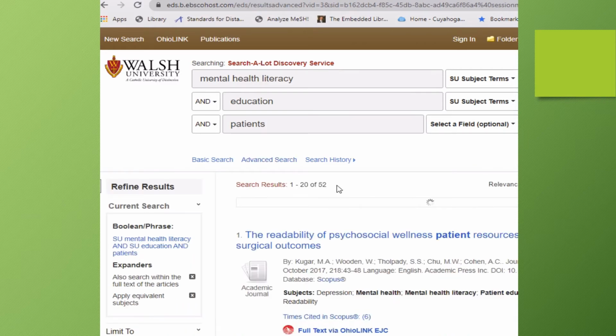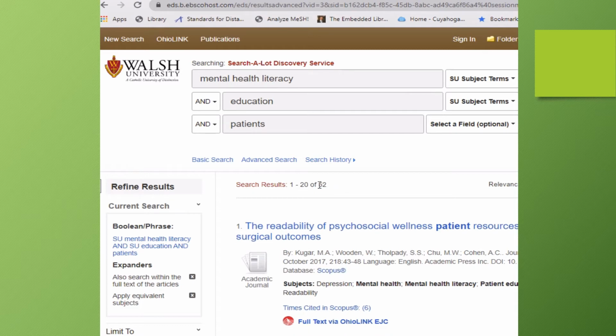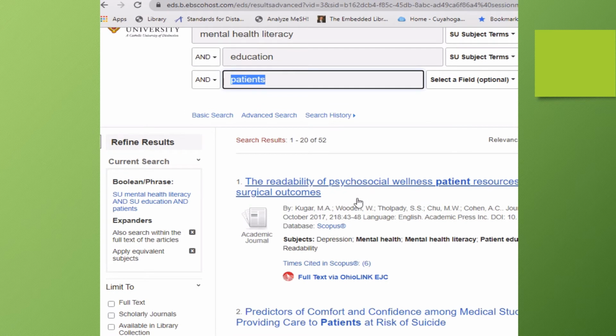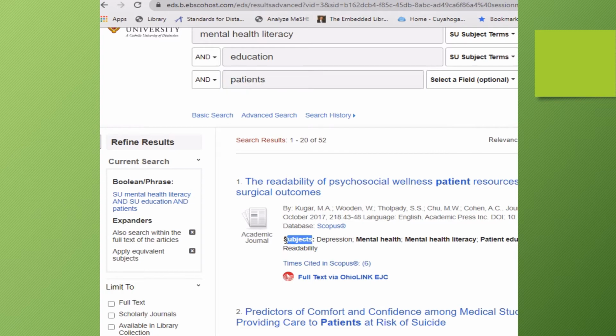So we went from over 2,000 hits to now 52 of them because we're looking for mental health literacy as a primary feature of whatever is being returned to us, and education as a primary feature of whatever is being returned to us. And I included patients as a keyword because I kind of wanted that patient aspect also included. Hopefully what we're finding now are more relevant, more on point resources for us to use in this example.